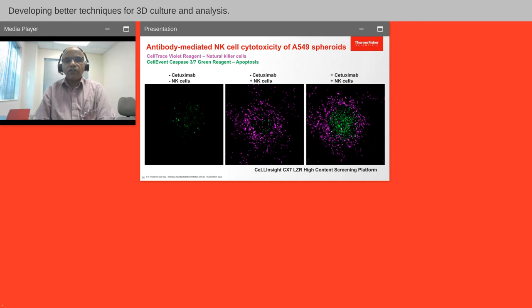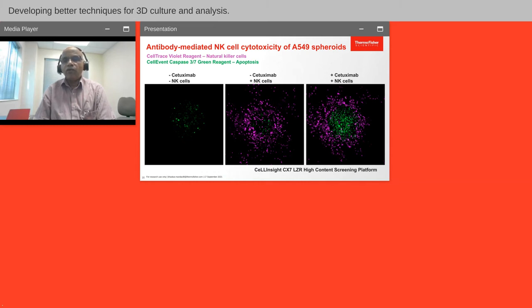As you can see here, minus cetuximab and minus NK cells, you see a little bit of apoptotic cell population, and when you add NK cells for 6 hours, you see a little bit more increase in apoptotic cell population as measured by CellEvent caspase reagent.